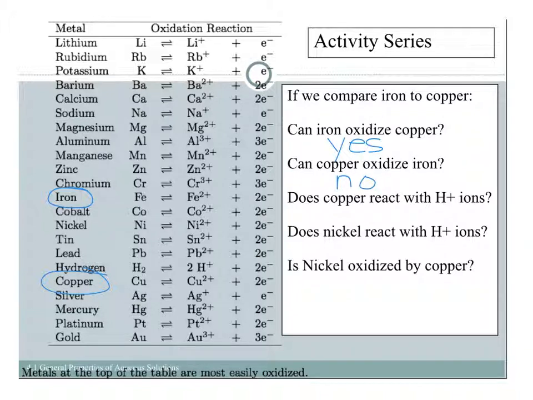Does copper react with H+? Here's copper. Here is H+. So that would be no. Does nickel react with H+? Well, here's nickel. It's above H, so yes. And can copper oxidize nickel? And the answer is no, because copper is below nickel.